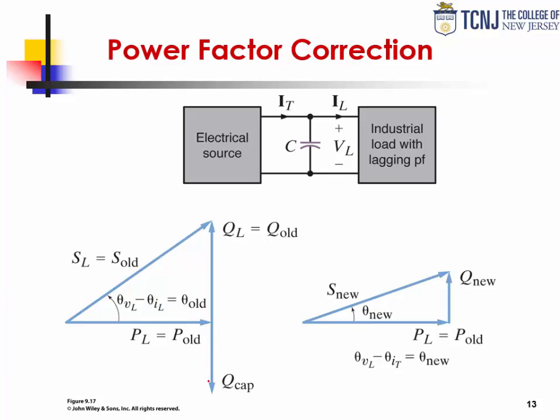We add a capacitor in the minus j direction that is going to combine with the old reactive power and is going to reduce that angle. So now we have a new complex power that is closer to the real power that does the work, a smaller angle, and a more efficient circuit.